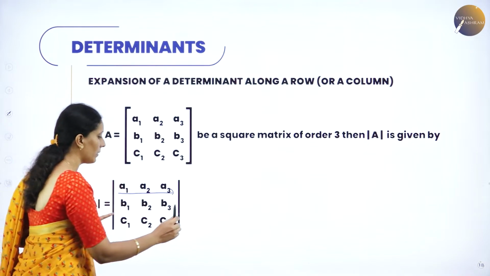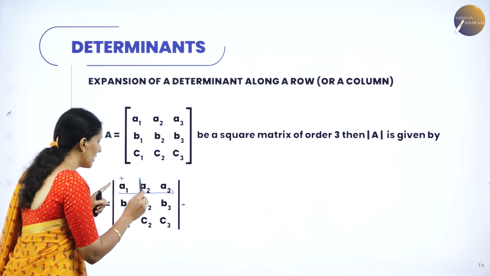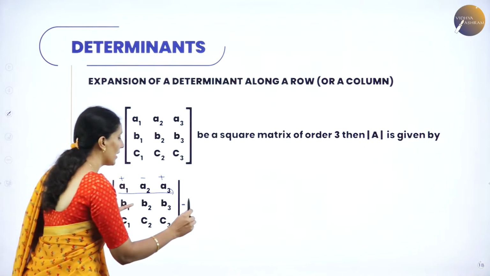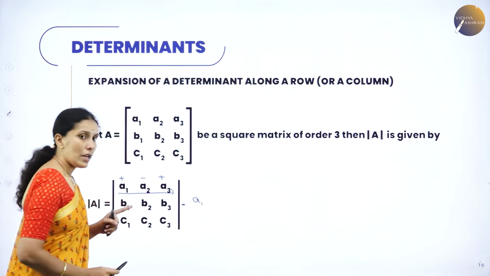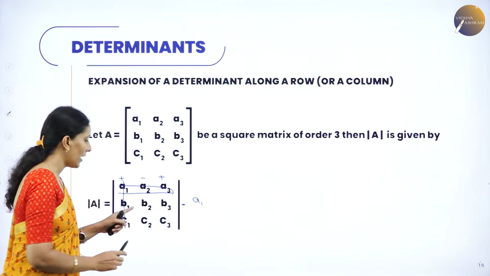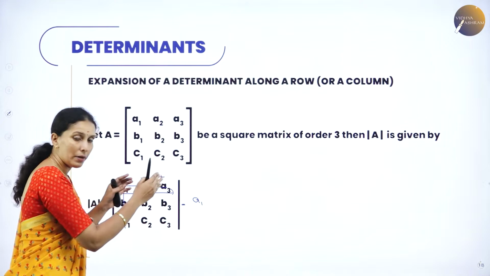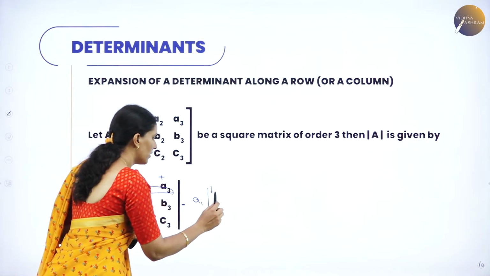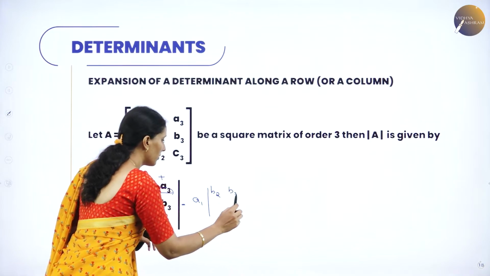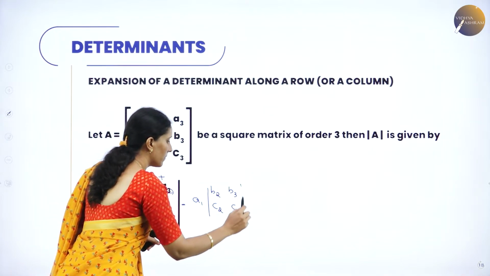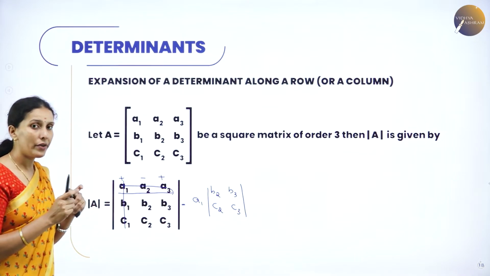The sign is plus, minus, plus for the first row elements. So I have to take a1. Now delete the row and column of the element a1 and write the remaining elements in the form of a determinant. What are the remaining elements? b2, b3, c2, c3. This is how we are going to expand.